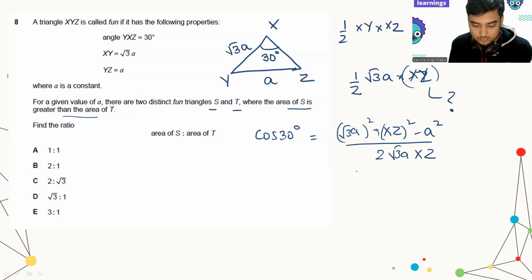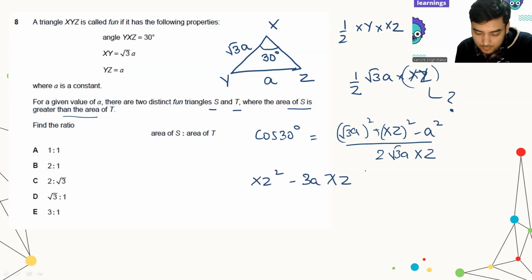Okay, if you solve this, you'll get this equation: XZ square minus 3a times XZ plus 2a square equals 0, right? Root 3a square, taken away a square, is 2a square, and root 3 times root 3 is 3a, and then the 2 will get cancelled out.